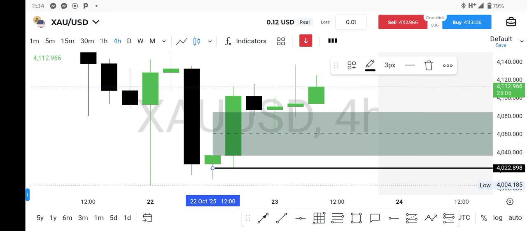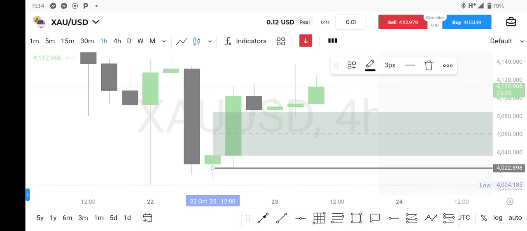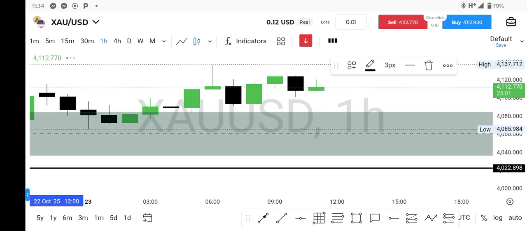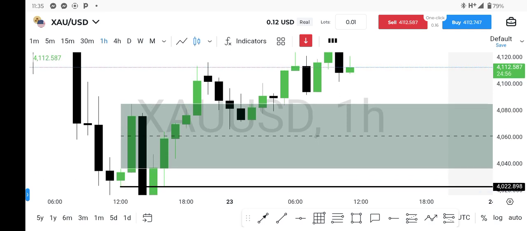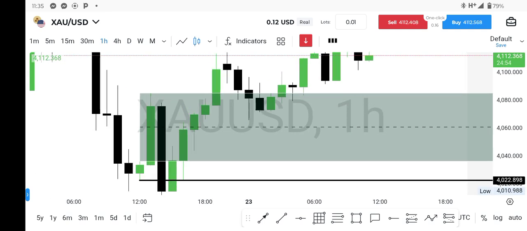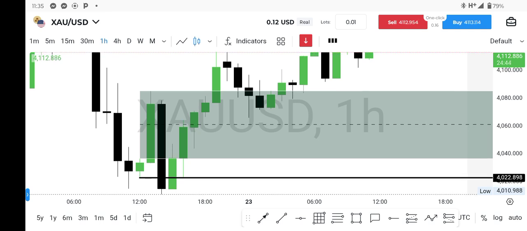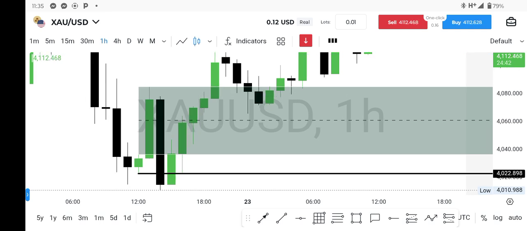Then you go to the 1 hour for confluence. You go here and see whether you see a confluence. If you look at the left, you could see that we have a fair value gap here.